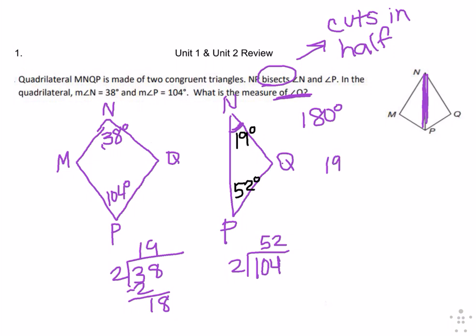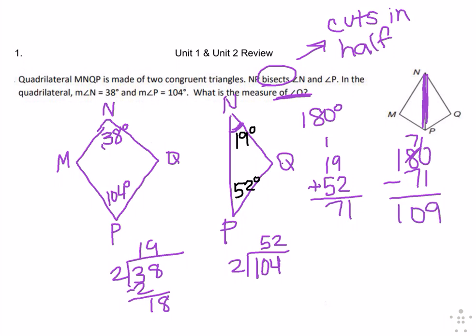So I'm going to add 19 plus 52. We get 71, and I'm going to subtract 71 from 180 degrees. So then the measure of angle Q is 109 degrees.